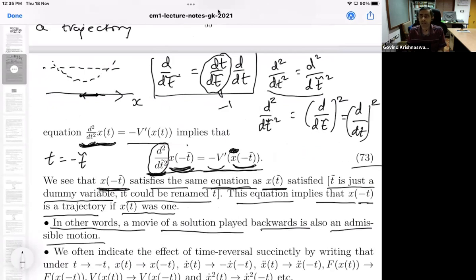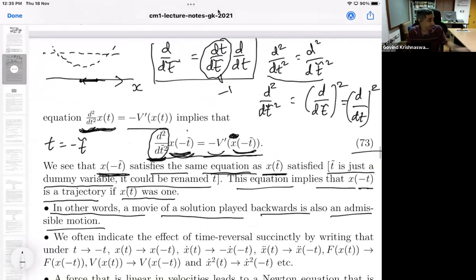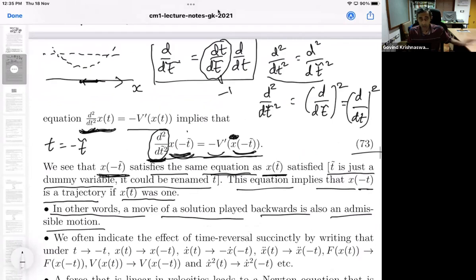Now, we sometimes say these things in a more succinct way, which is quite helpful, but I just want to mention it here. So we often indicate the effect of time reversal succinctly by writing that under t goes to minus t, x of t goes to x of minus t.